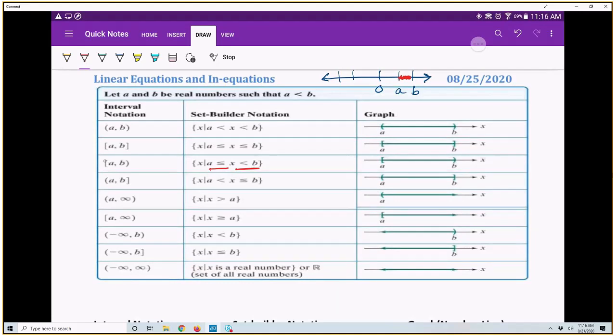In that case, you're going to use a square bracket for a, because a is included in your interval, and a parenthesis for b because b is not included. On the other hand, you might have a is strictly less than x, so x cannot equal a, then you have a parenthesis for a. But x is less than or equal to b, so it's okay to be equal to b, then you use a square bracket for b.